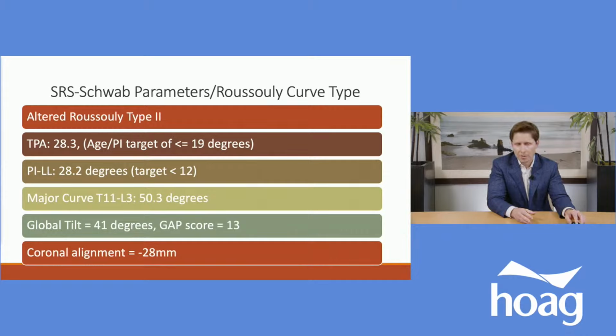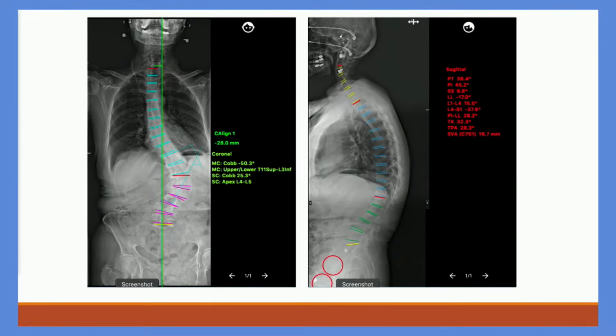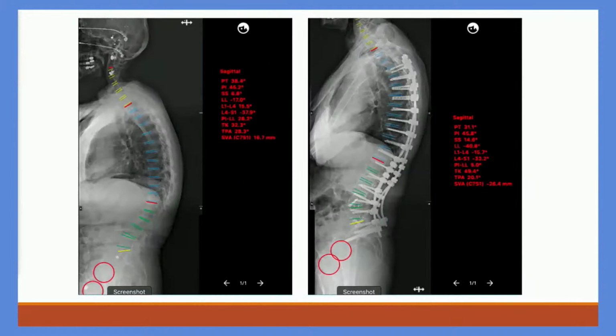This patient had a 50.3 degree curve in the coronal plane, which we can see here. So we can see the curve, and also we see the sagittal plane deformity on the right. This patient underwent a T3 to the pelvis anterior and posterior spinal fusion, which allowed us to realign her spine in the coronal plane and also achieve a more harmonious posture in the sagittal plane seen here.